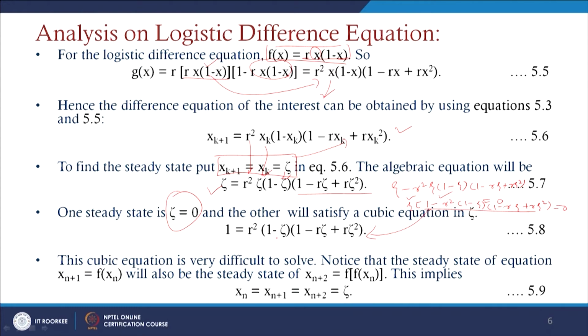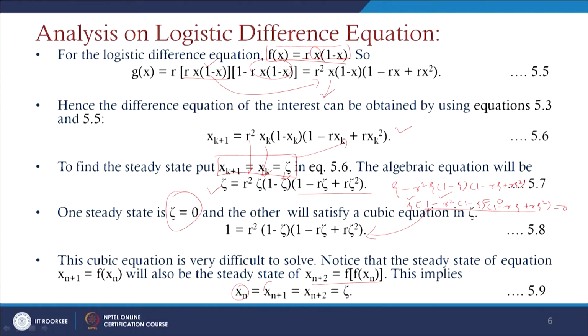So, if we go for the steady state of an equation like x n plus 1 equals f of x n, again we go for the fixed point functions here, and we can obtain this steady state by using x n plus 2, which can be represented as f of x n. This simplifies the cubic equation to a quadratic equation.